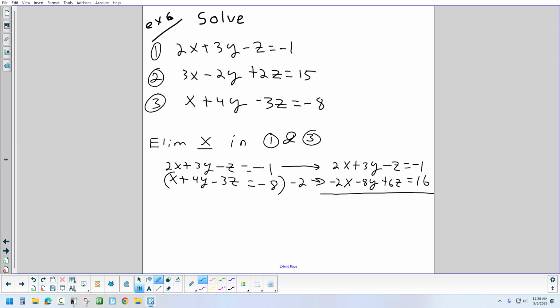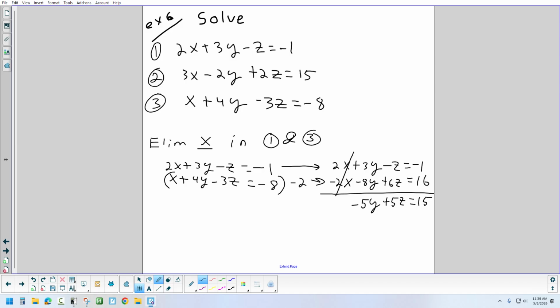Reese, what do I get when I add all those columns up? The x's cancel. Yep, x's are going to cancel. -5y plus 5z equals 15. Now, normally I would say, okay, you're done with step 1. You have a new equation right here, and it only has two letters in it.